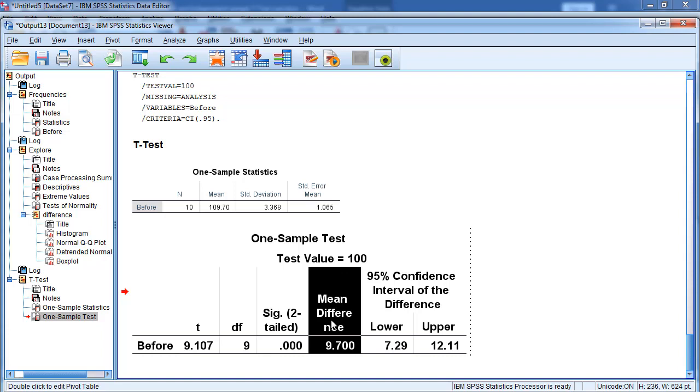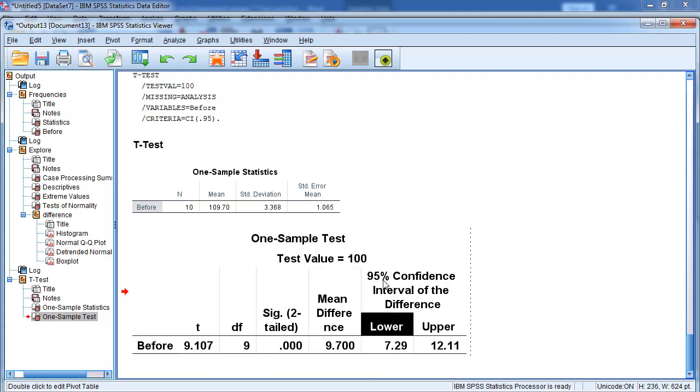Here I want to show you the confidence interval of the difference, lower and upper: lower 7.29 and upper 12.11. So the CI gives us an idea of what the difference might be.